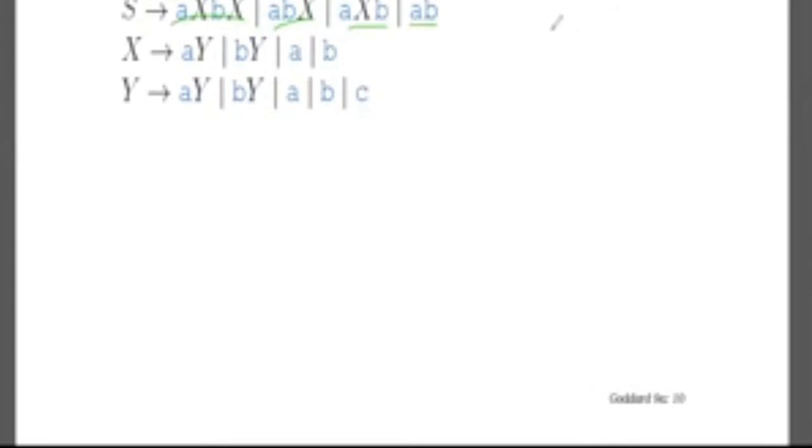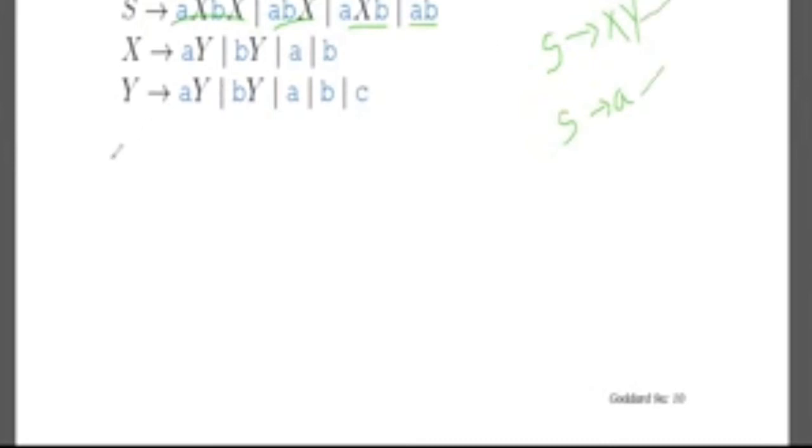Because we say that the grammar is in CNF if it is of the form X tends to XY, where both X and Y are variables, or S tends to a, where a is a terminating symbol, right? So we have to check with these two conditions.